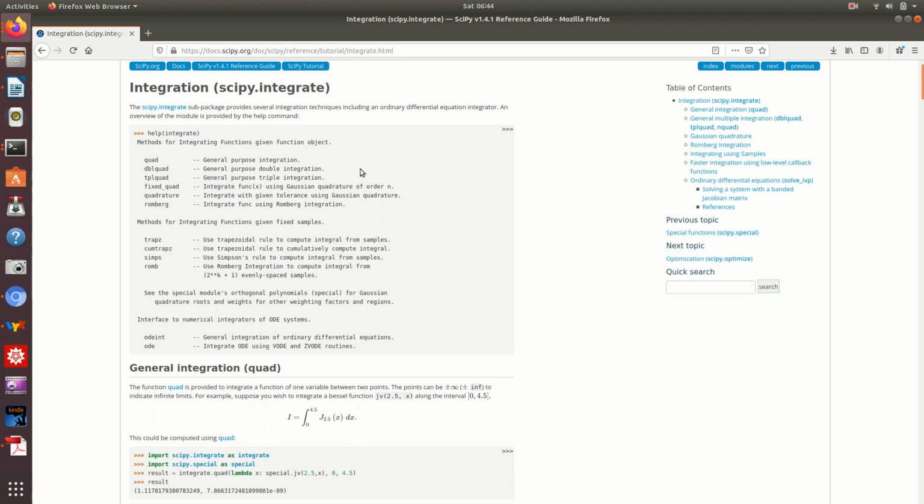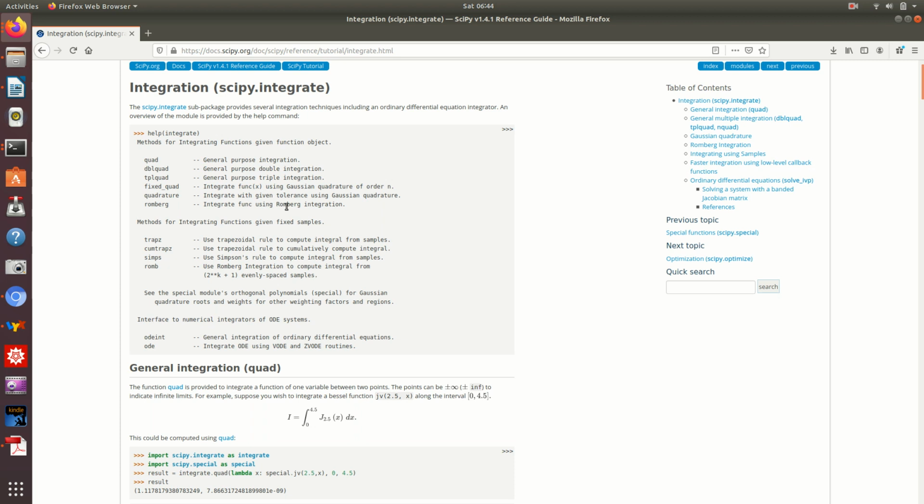It gives you various integration routines, something called quad, which we will describe in great detail. There are also dblquad, tplquad, and other versions. Then there's trapz, Simps. These are names which should invoke familiar algorithms.